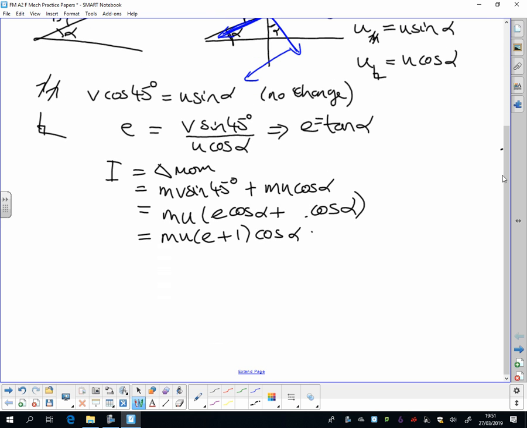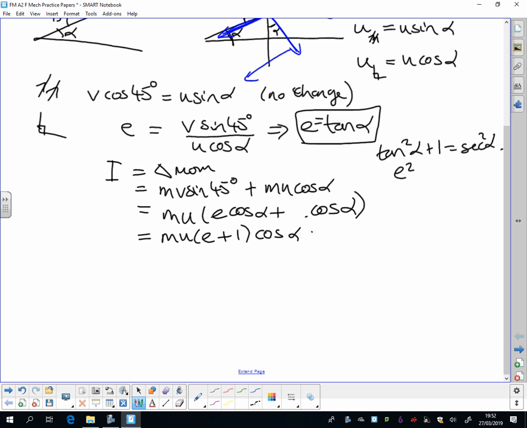Now this is where you need to now use something that you've learnt in core maths. Okay? So I know E is tan alpha, and I need to get rid of a cos alpha. Well, what trig identities do we know? So we know, for example, tan squared alpha plus 1 is sec squared alpha.